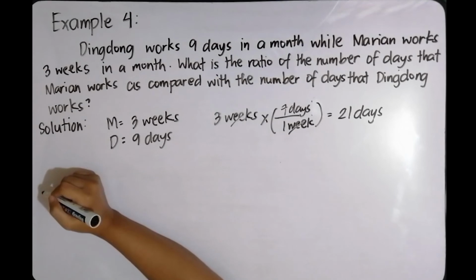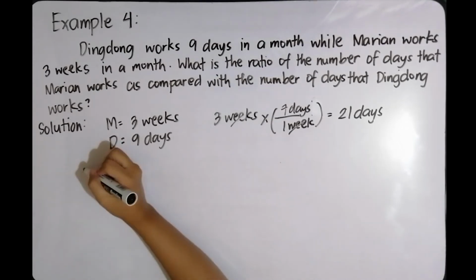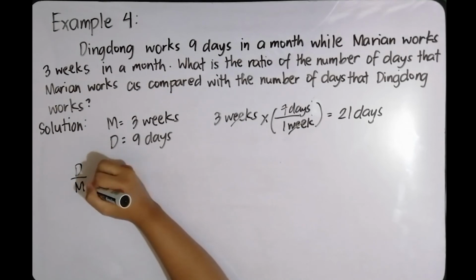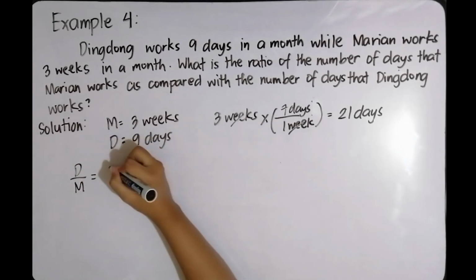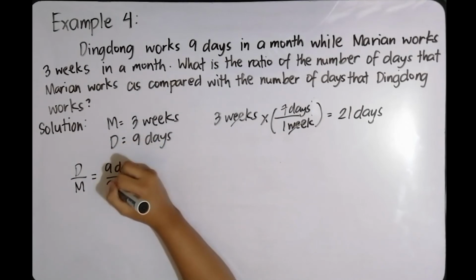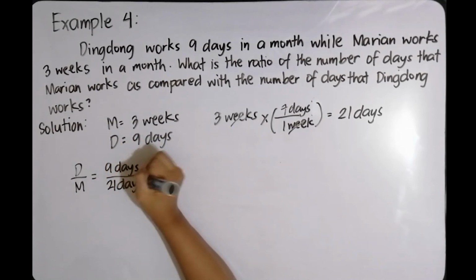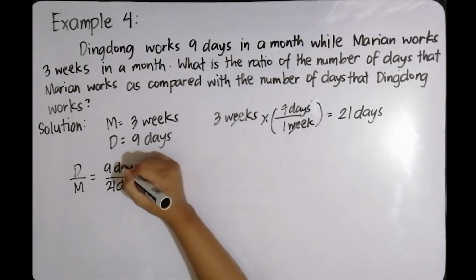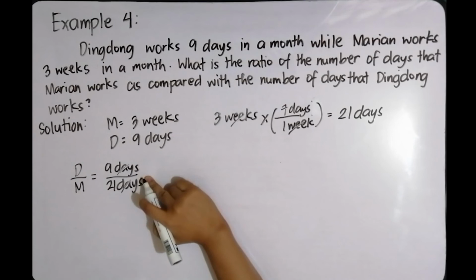So to get the ratio, we have Ding Dong and Marian. Ding Dong is to Marian, for the number of days for Ding Dong compared to Marian. So we have 9 days over 21 days. We can cancel the days to get the ratio.